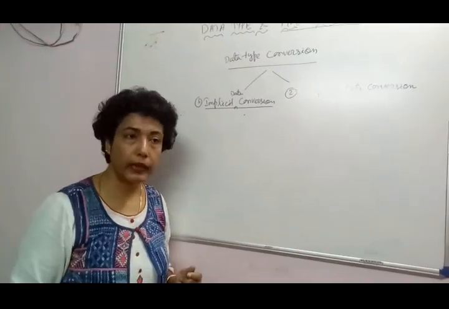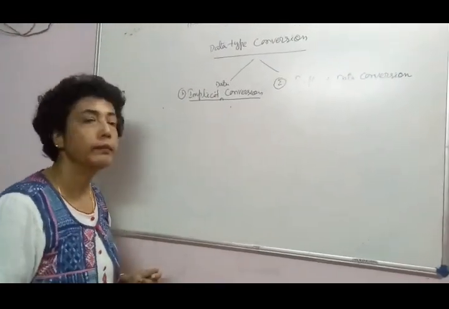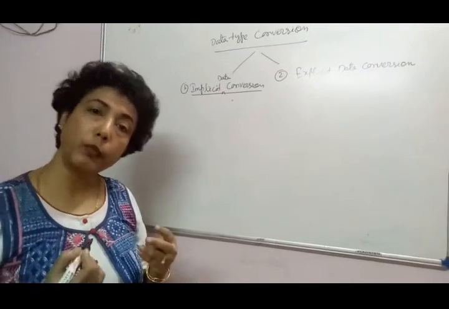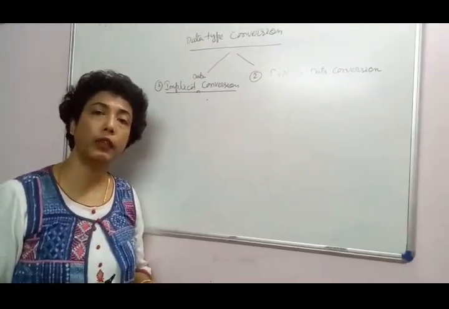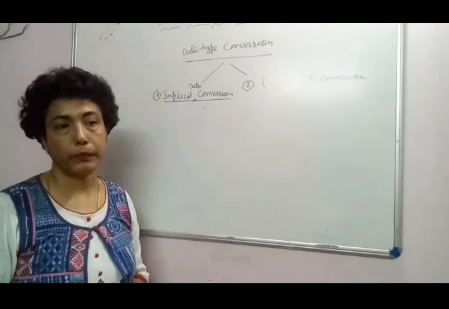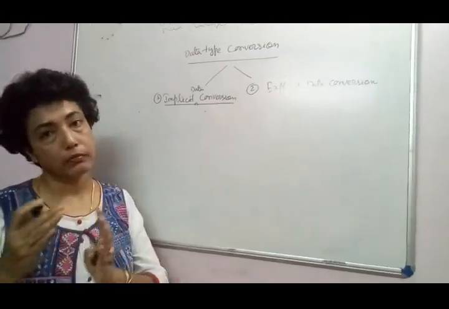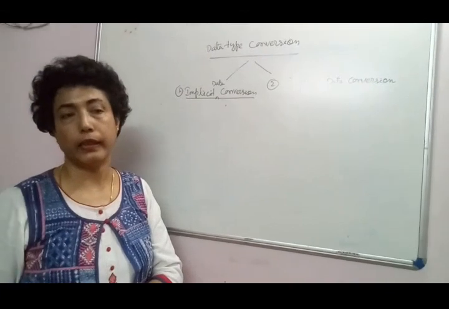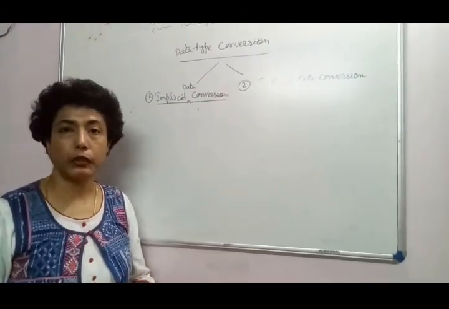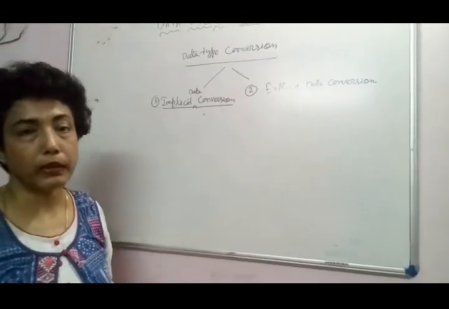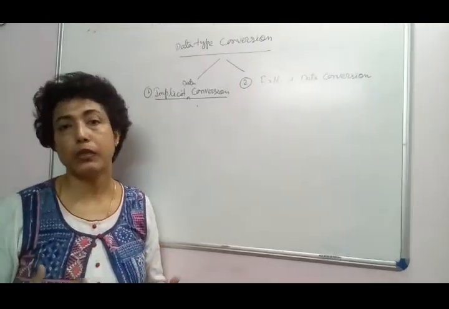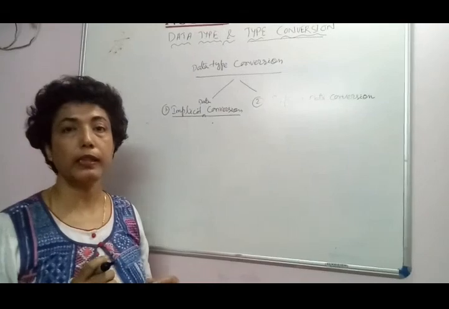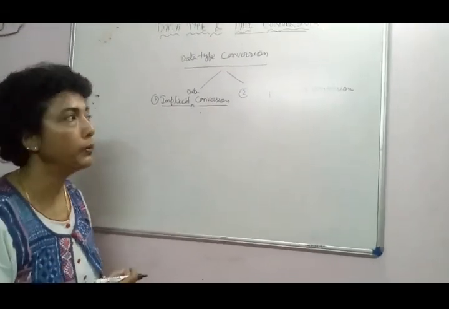Now, in implicit data conversion, the value of a smaller data type will get converted into a value of a higher data type. Smaller data type changing into higher data type. This is a natural process for the language compiler. It is done by the compiler automatically. The user need not interfere in this type of conversion process.